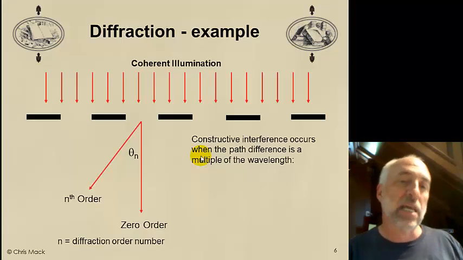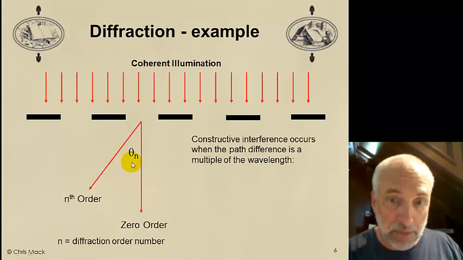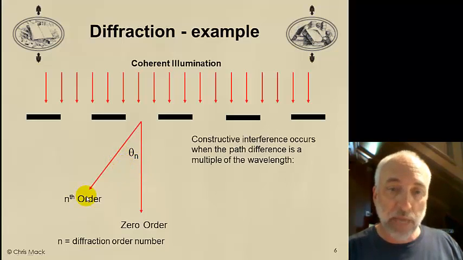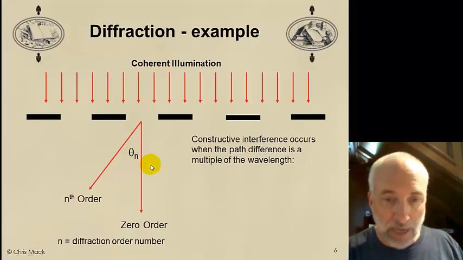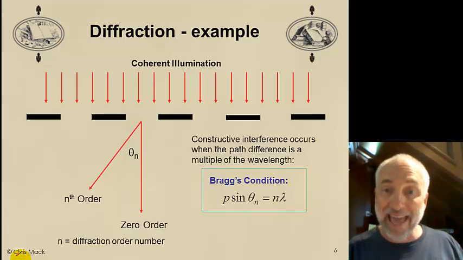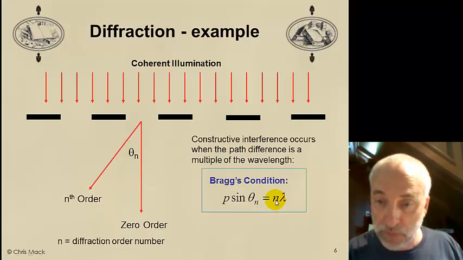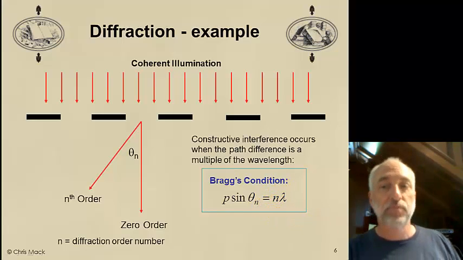So let's think about the angle to my observation point as theta sub n. I'll explain what I mean by n in just a moment. And I'll ask, what's the condition? What angle will allow me to get constructive interference? Well, it's an angle such that the path difference, pitch times the sine of the angle, is a multiple of the wavelength. That's where n comes in.